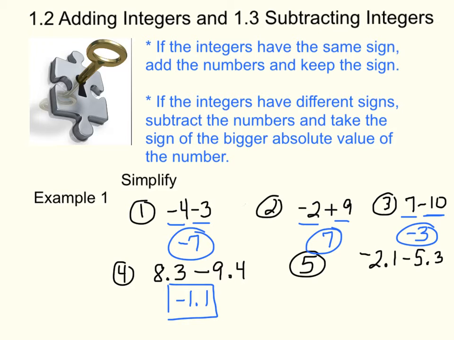So I take the negative. And lastly, negative 2 1/10 minus 5 3/10. They're the same sign. I add them, so that gives me 7.4 or 7 4/10. I keep the sign, so my answer is negative 7 4/10.